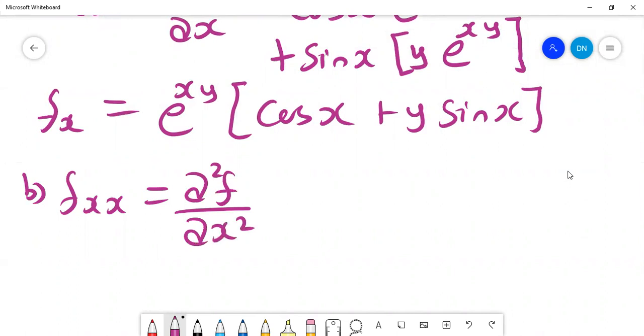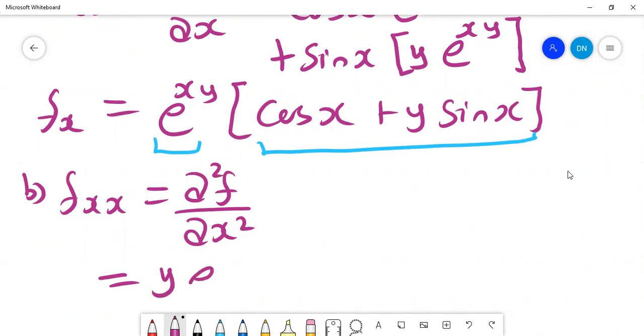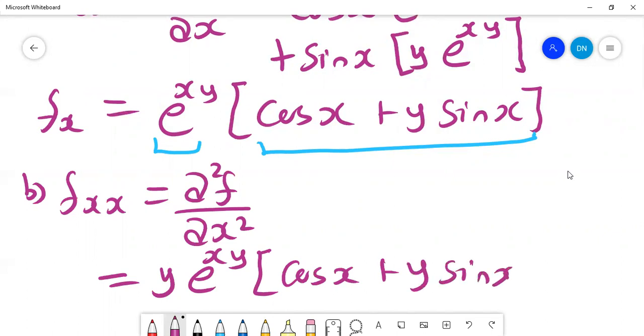I can use the product rule again, and then I separate. I assume this is one part and these are two parts. If I differentiate this with respect to x, it becomes y e to the power xy, and then I have this part remaining the same because I'm using the product rule that we did in differentiation.